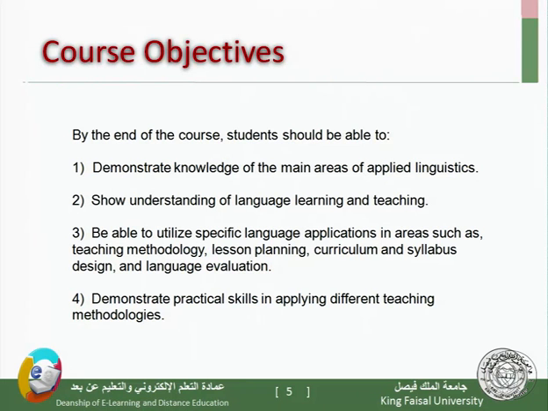We need you as students to demonstrate knowledge. That means you have knowledge about it. You have a good background about it. Also, we hope that the students would show an understanding of language learning and teaching and the whole spectrum about language learning and teaching.